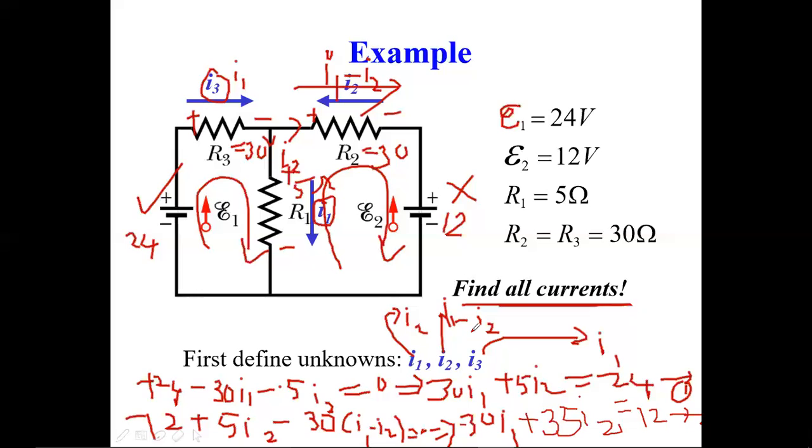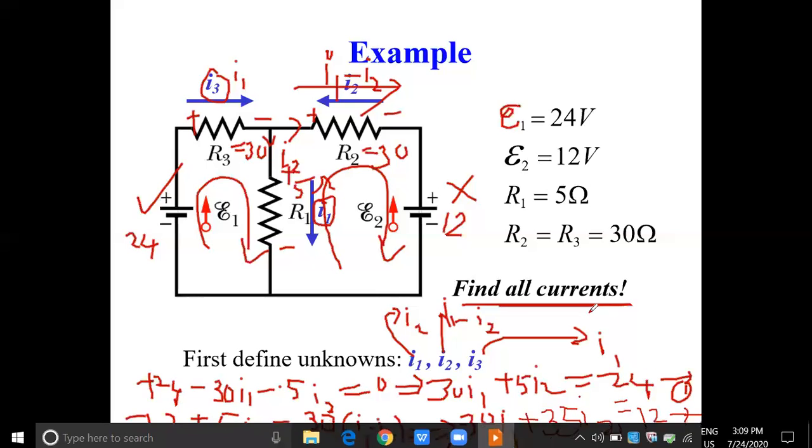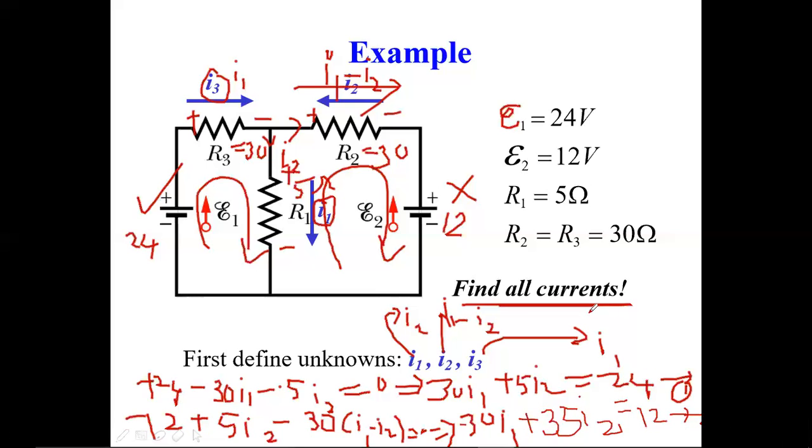If I solve these two equations, I will get I2. Otherwise, you can use the calculator. I2 is 24 plus 12, which is 36, divided by 40. My I2 will be 0.9. Instead of finding I2 this way, you can use the equation mode in the calculator for 2 unknowns.